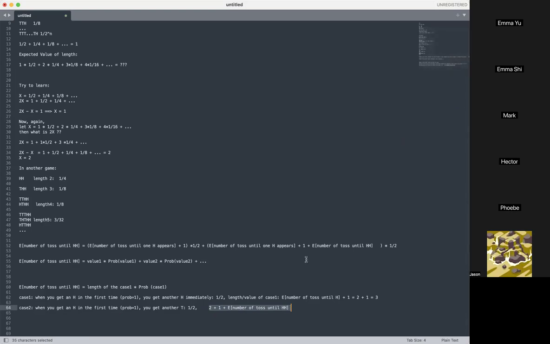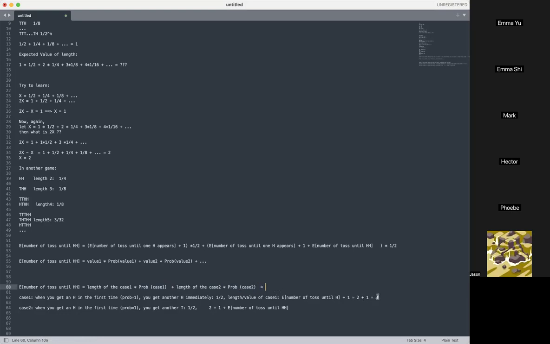Okay. So case one has a probability of 1/2. Case two also has a probability of one half, right? So the value of case one times the probability of case one, plus the length of case two times the probability of case two, that's by definition our answer, right?